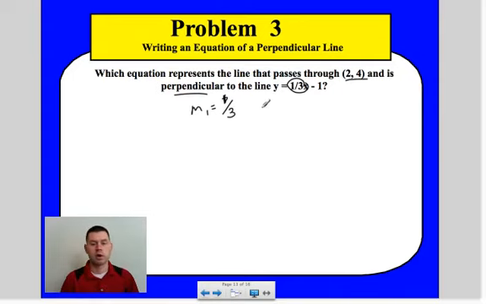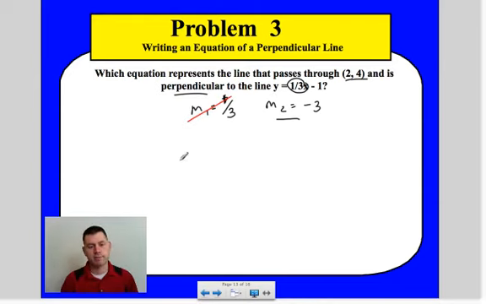Apologize. Okay, 1/3, which means that m2, our slope, is going to be the opposite reciprocal. This one was positive, so we need negative, and the reciprocal of 1/3 is 3. So now we know our slope, and really we're done with this.